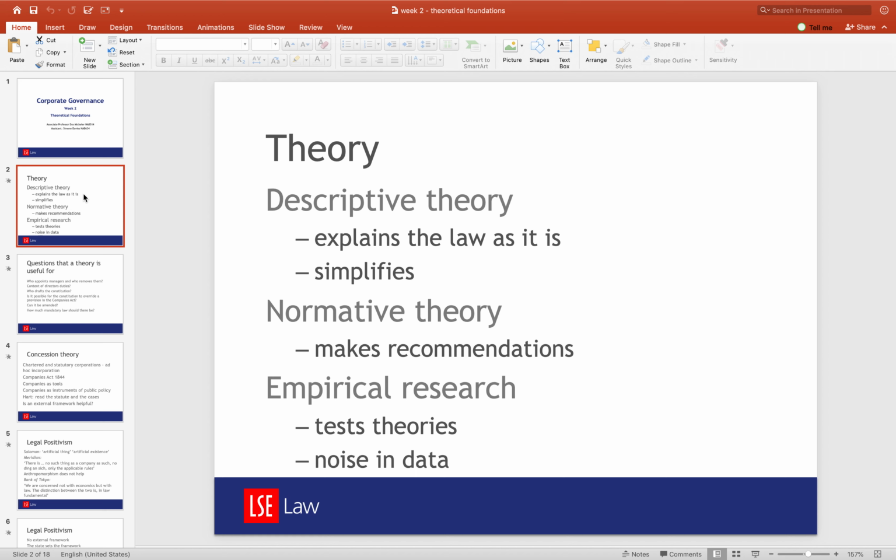One is research of the nature of a descriptive theory, which explains the law as it is and condenses it into a simplified explanation. So it surveys what's out there and then creates explanations of why the law is as it is. The next type of contribution is normative.